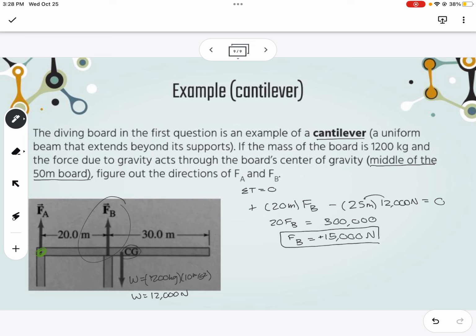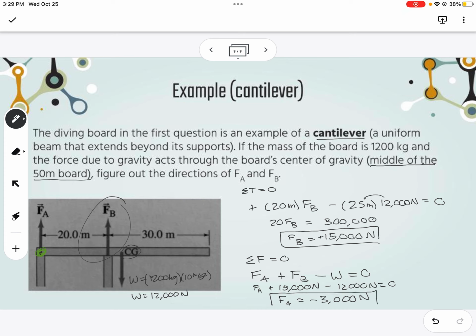Here's the point in time where I now would use the sum of my forces. According to this diagram, we have FA going up, FB going up, and then the weight going down. I want to solve for FA. We're plugging in for FB. When we solve this, we would get FA plus 3,000 equals 0, or FA equals negative 3,000 newtons. So what does this mean for us?